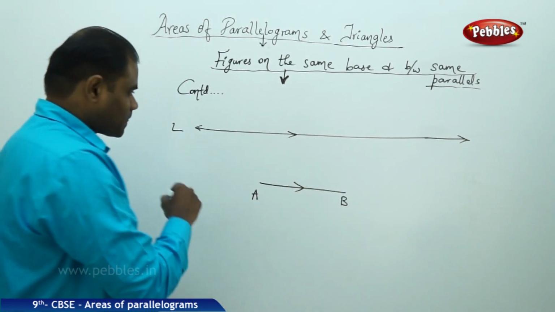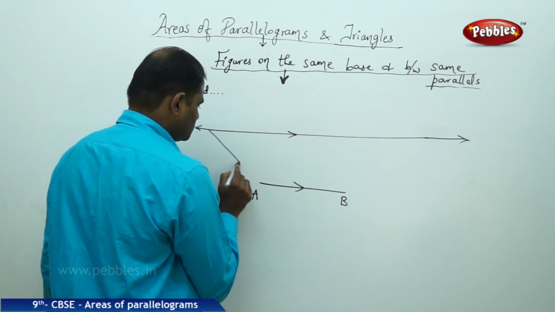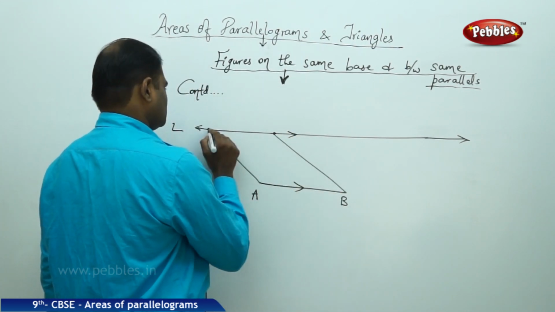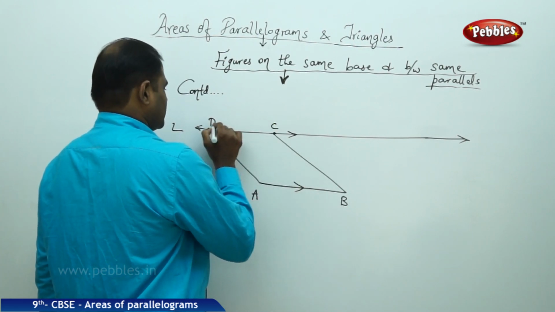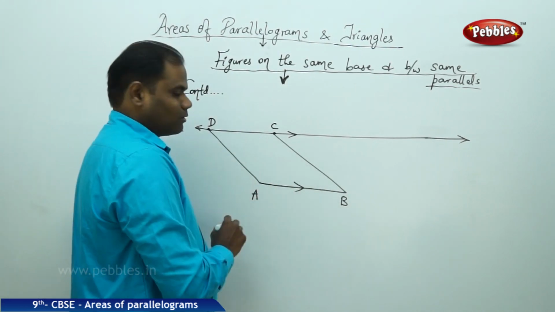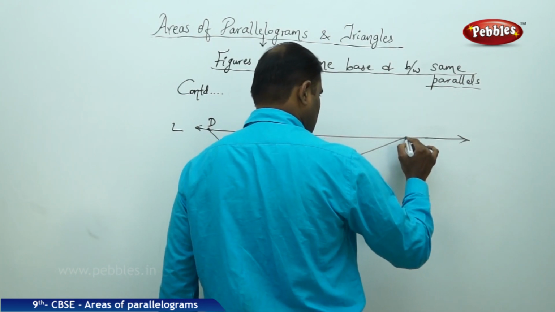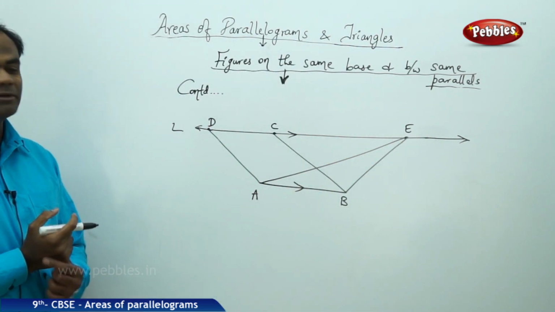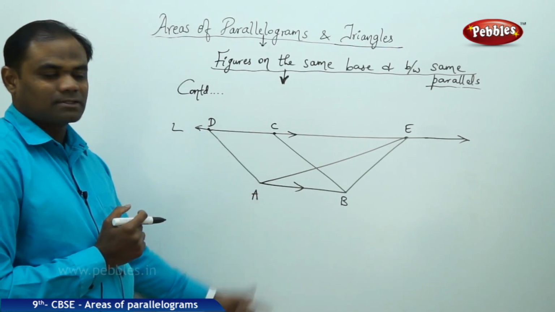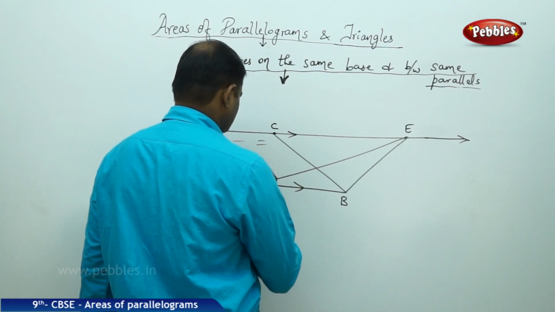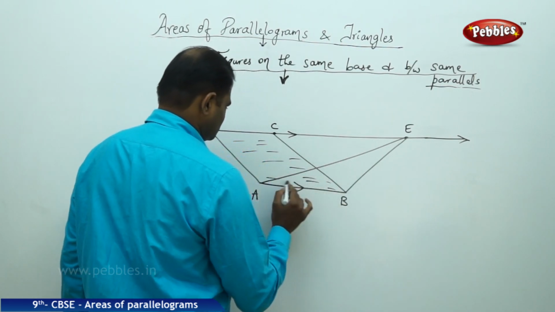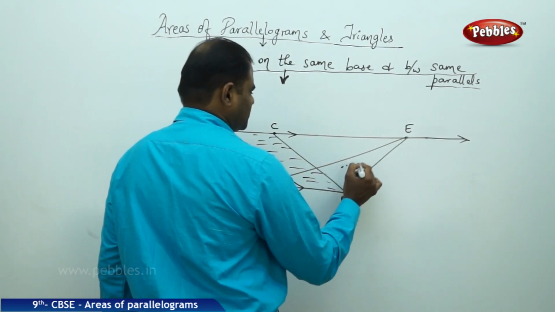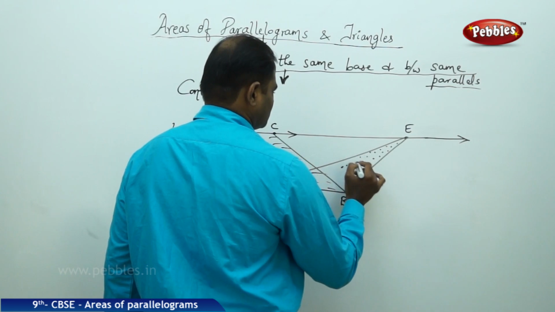Now AB is the same base, and let me take two points C and D, where ABCD is a parallelogram, and let me take a point E such that there are two figures formed between the same base AB and between these two parallels, that is, one of them being this parallelogram and this being a triangle.